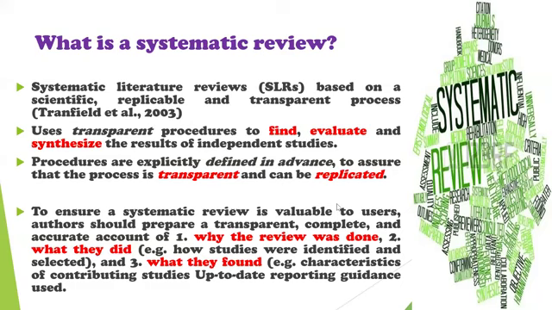Oftentimes, some academics believe that a review paper is not a systematic review. That is why, recently, a journal rejected my paper, but I tried to write to the editor to explain that the comment from the reviewer cannot be justified.